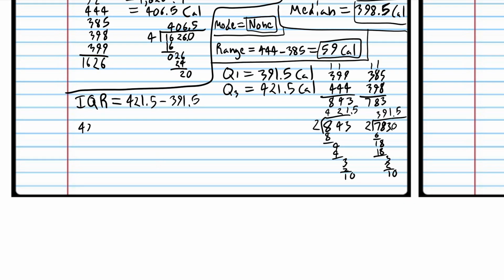So you can go ahead and do that over here. Subtract. We cannot subtract 9 from 2, so we have to borrow from the 4. Give the 1 to the 2, it becomes 12. 12 minus 9 is 3. Bring down the decimal, and you can see that the interquartile range is 30 calories.